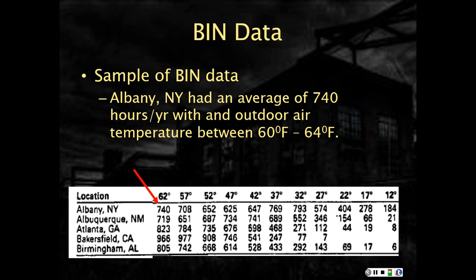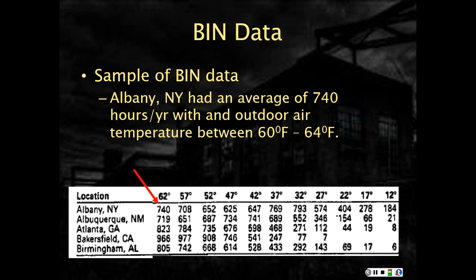In this slide, you see an actual sample of bin data. Now, this was cut out of a chunk of information called weather data that you have this week in your added information. This happens to be a bin data sample, and what I'm pointing to is Albany, New York.